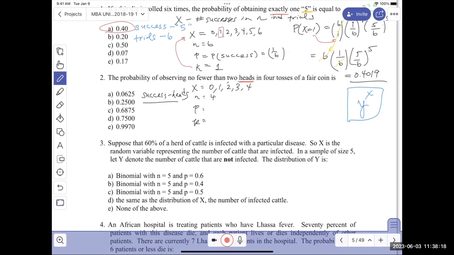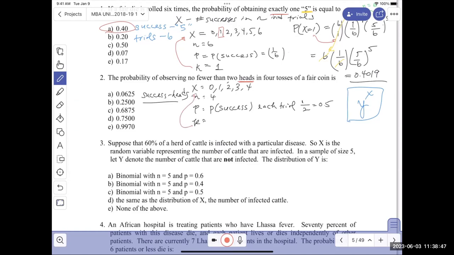So let me finish this. Each time, the probability of success on each trial is half, or 50%. That's an easy decimal, so we can use it. And so remembering K, we have to go back to the possible outcome.